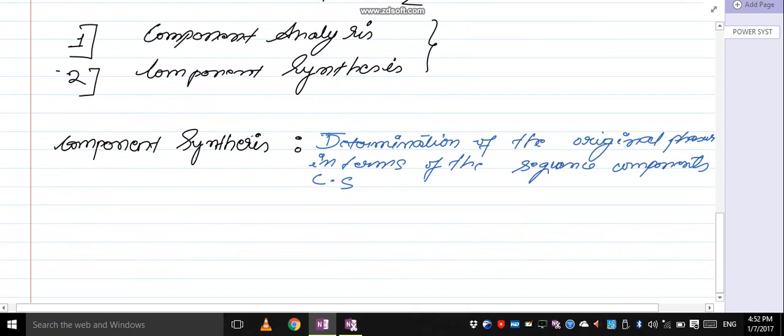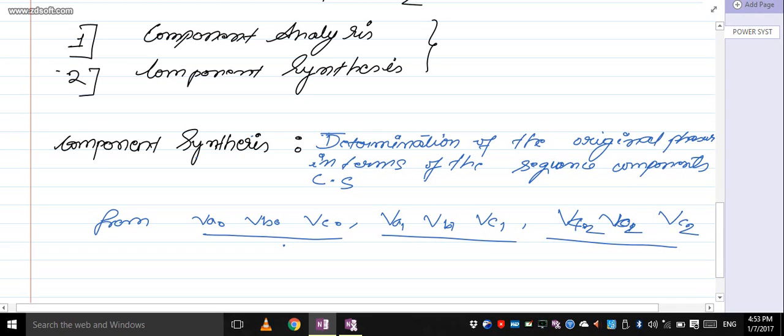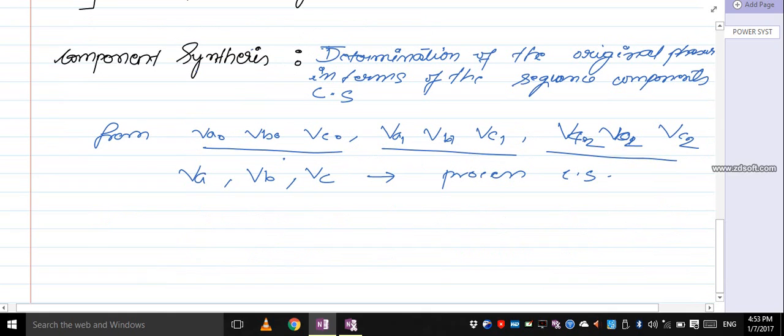So in other words, from VA0, VB0, VC0 and VA1, VB1, VC1, and VA2, VB2, VC2, with the help of these, when we are trying to synthesize our original phasors, that is VA, VB and VC, then this process is called as component synthesis, and the analysis is just the opposite of that.